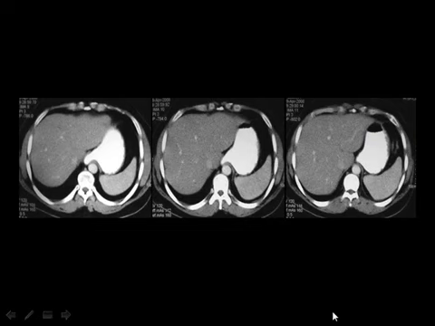Then, the triphasic study of the liver is the basic study for assessment of hepatic pathology nowadays. If you perform the normal CT scan, which is pre-contrast and post-contrast, you have the chance to miss so many focal lesions in the liver. We complemented this previously by ultrasound, but nowadays the basic study for the liver is the triphasic study using the multi-detector machines.